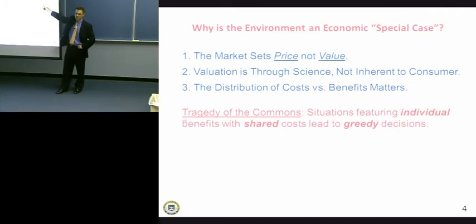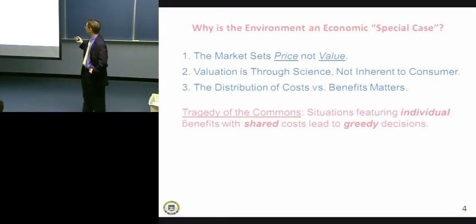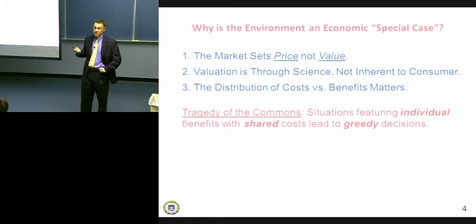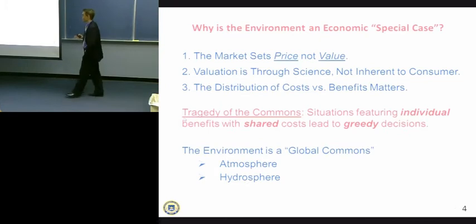So resources that we share tend to be abused. When we make collective decisions, they sometimes, or more often than not, tend to be greedy. So we've got to look out for things that we share. So you want to know why the environment is an economic special case. It's as simple as the fact that we share it. Right? Either at the local level, we might share the Huron River.